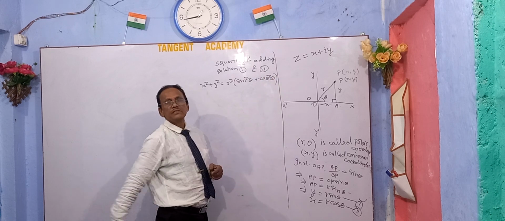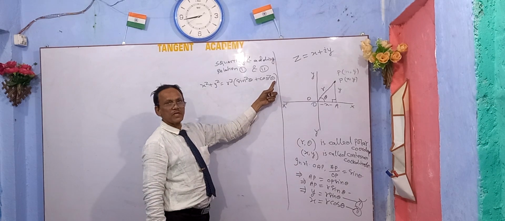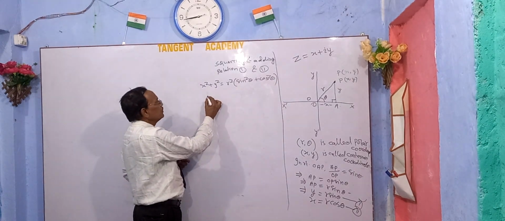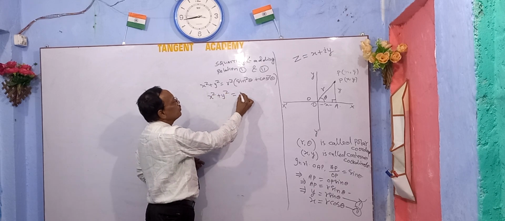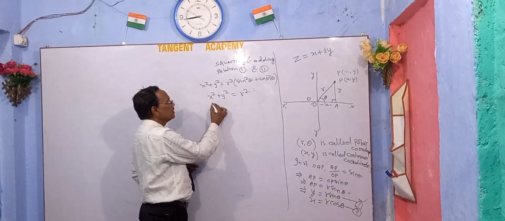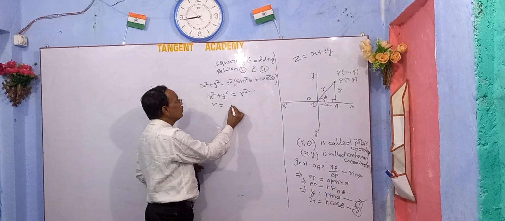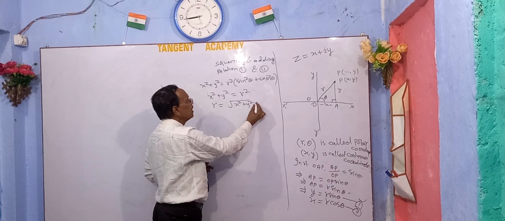And we know that the identical value of this expression is 1. Therefore, x square plus y square is equal to r square. Taking the square root, we get r is equal to under root x square plus y square.